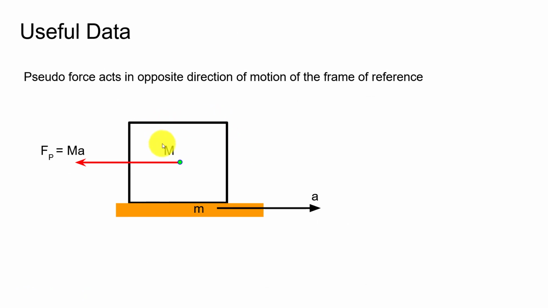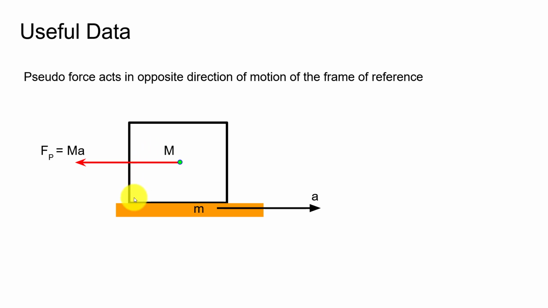Let's say you have a body with mass capital M resting on another body which is small m, and this is being accelerated in this direction with an acceleration a. So what is the direction of pseudo force? The direction of pseudo force is always opposite to this direction, that is this direction. And the quantity of pseudo force is calculated using this mass and this acceleration.